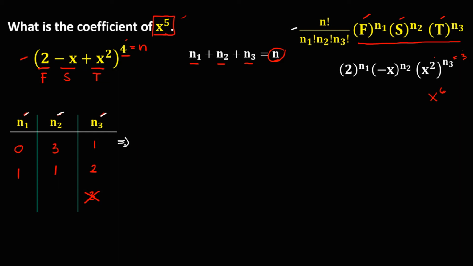For these values, we have n factorial, and n is equal to 4.